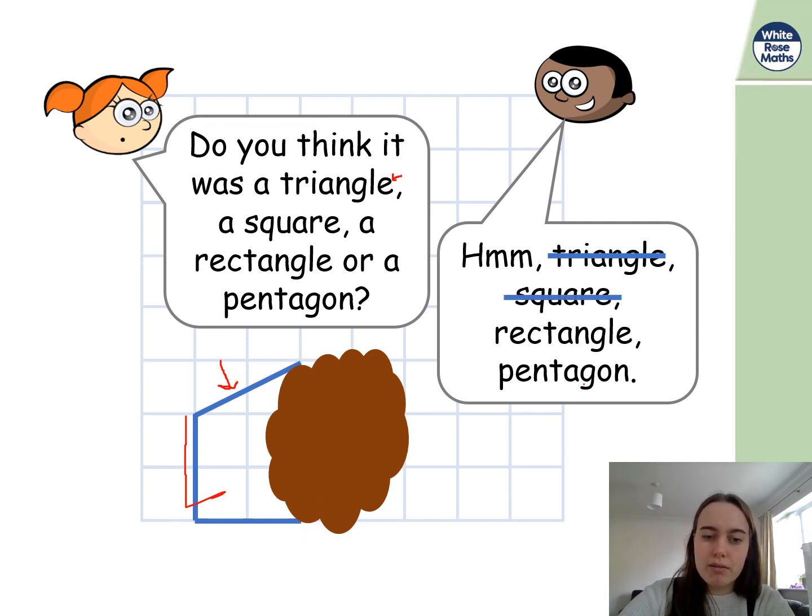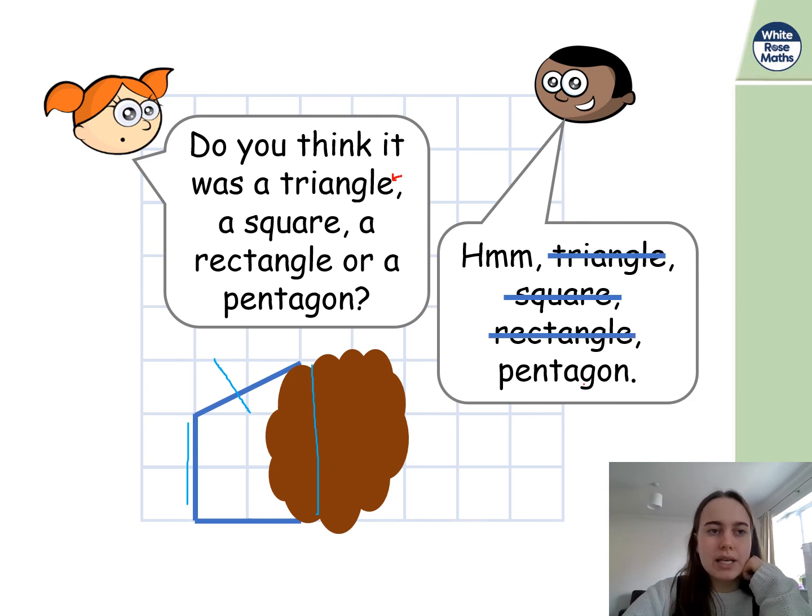How about a rectangle? What do you think? It can't be a rectangle because, again, this diagonal line shows us that the 2 sides opposite each other are not going to be the same length. So it can't be a rectangle. We've got 4 sides potentially, but not 2 the same and 2 the same.